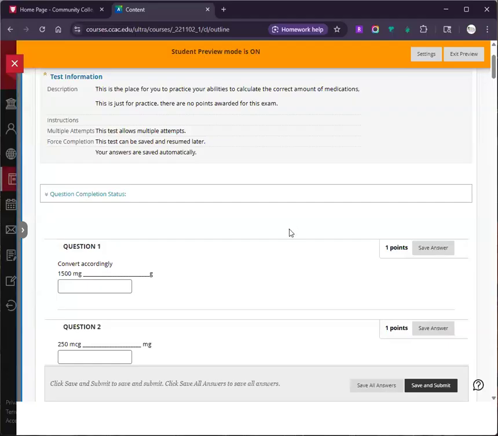Like I said, don't include the units. The reason I'm mentioning that is because usually I would be the one to tell you right off the bat you need to include your units in your answers, which is true, except for when it tells you specifically on a Blackboard test not to do so.